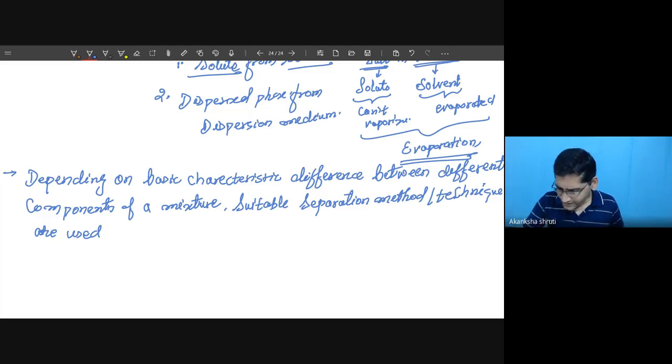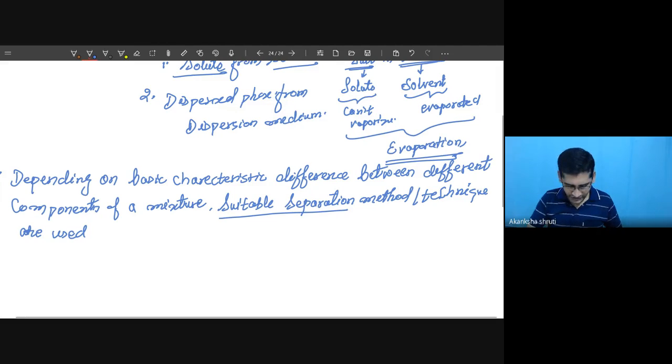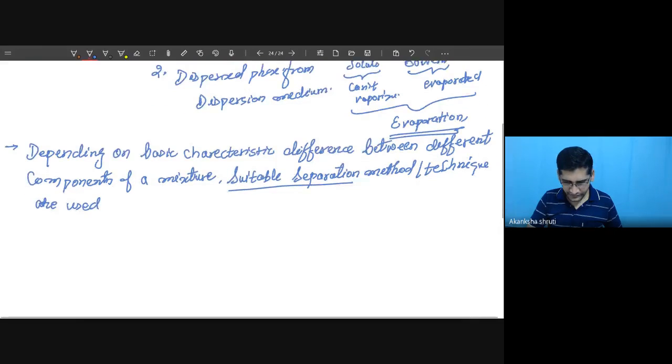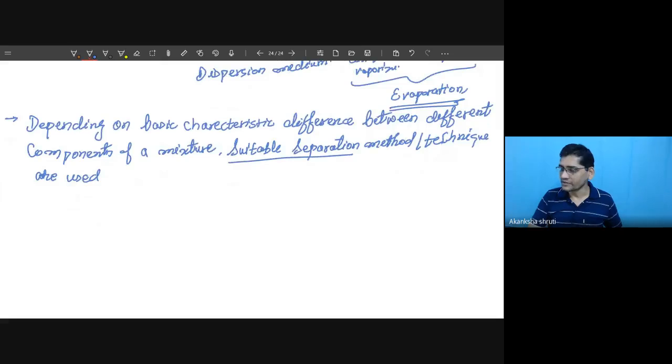So students, what are these suitable techniques and what are the important properties, those things we have to learn.